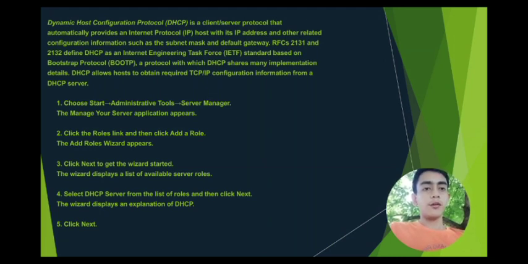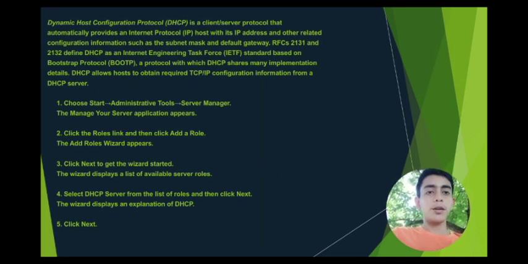So the RFCs 2131 and 2132 define DHCP as an Internet Engineering Task Force, or IETF, standard based on Bootstrap Protocol, or BOOTP, a protocol with which DHCP shares many implementation details.